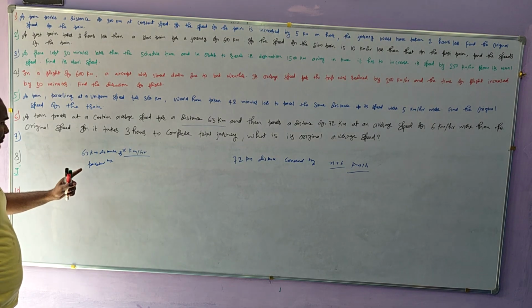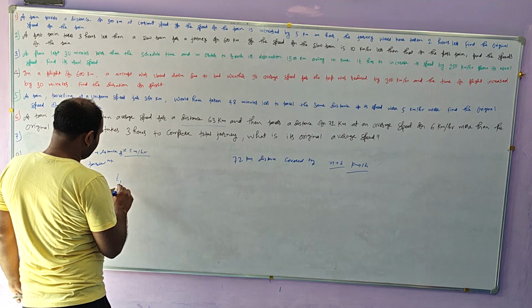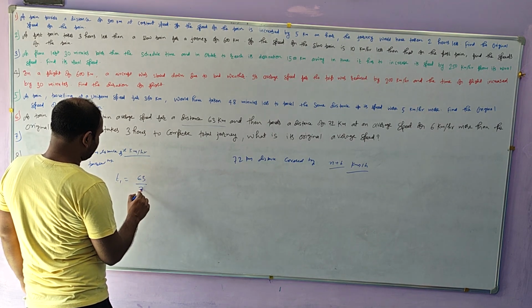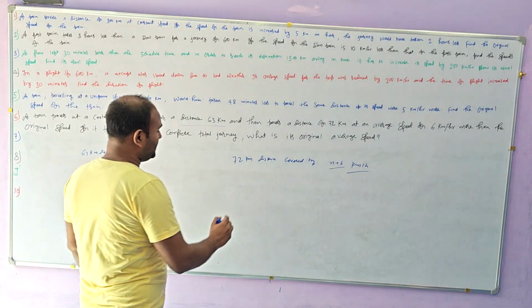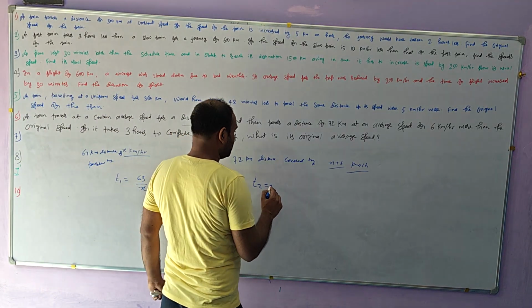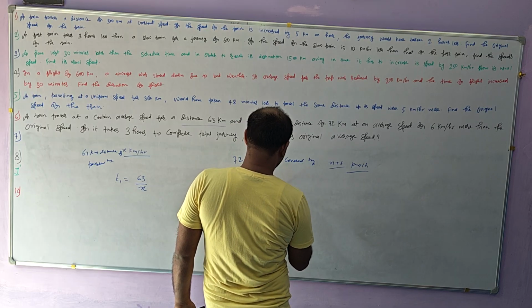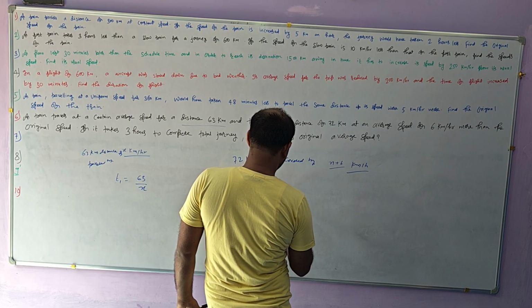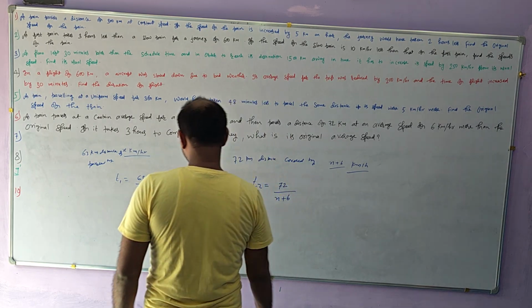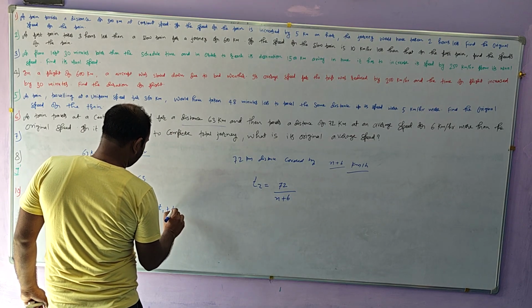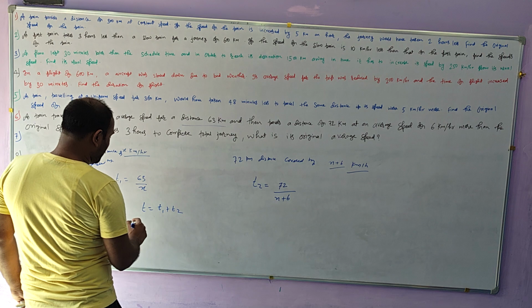First one takes, suppose t1 time, then it takes 63 upon x, and t2 takes 72 upon x plus 6, and we know that t is equal to t1 plus t2, that is 3 hours.